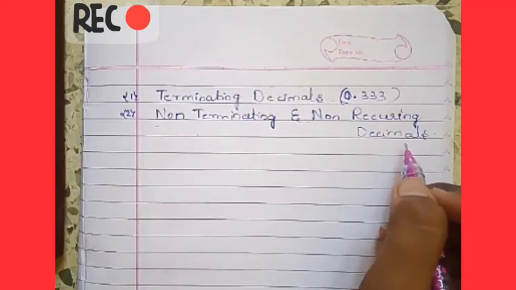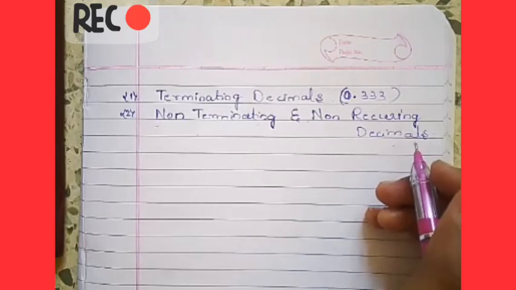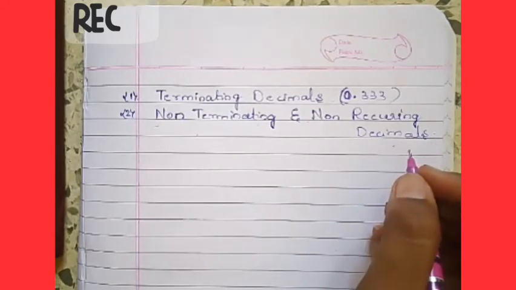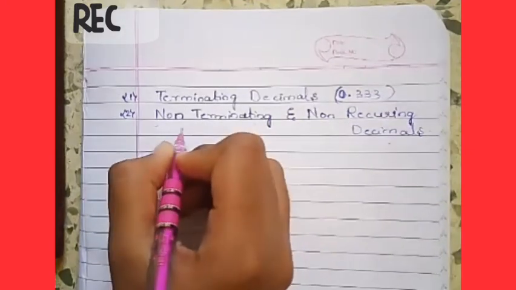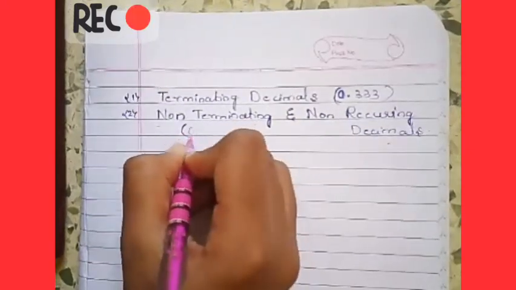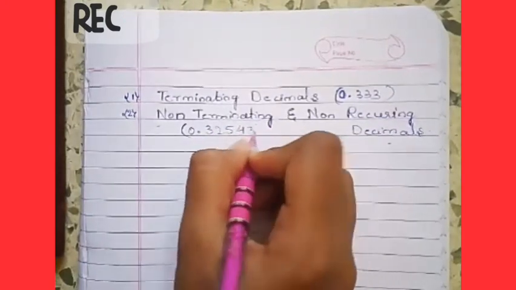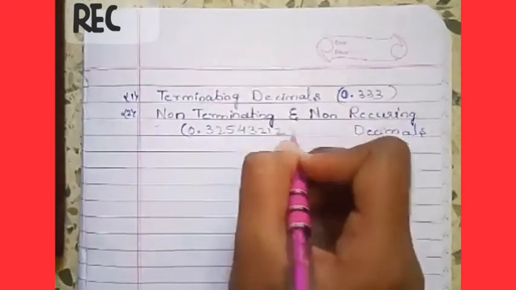And non-terminating and non-recurring decimals. Non-terminating means infinite numbers after the decimal point, and non-recurring means non-repeating, meaning there is no repetition. For example, I'll take 0.32543212 and so on.